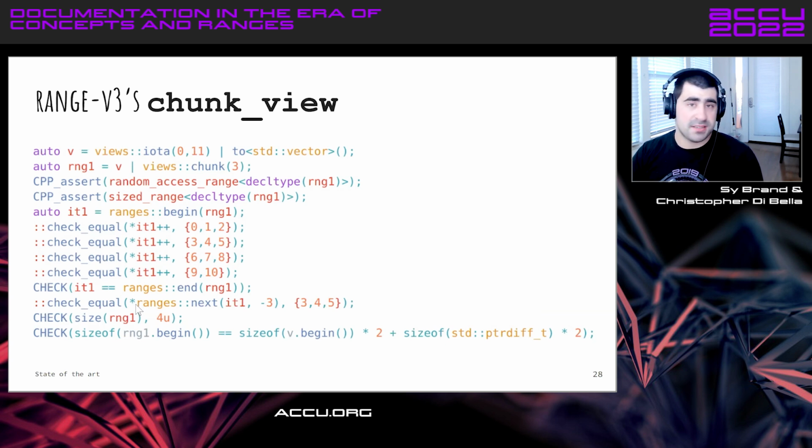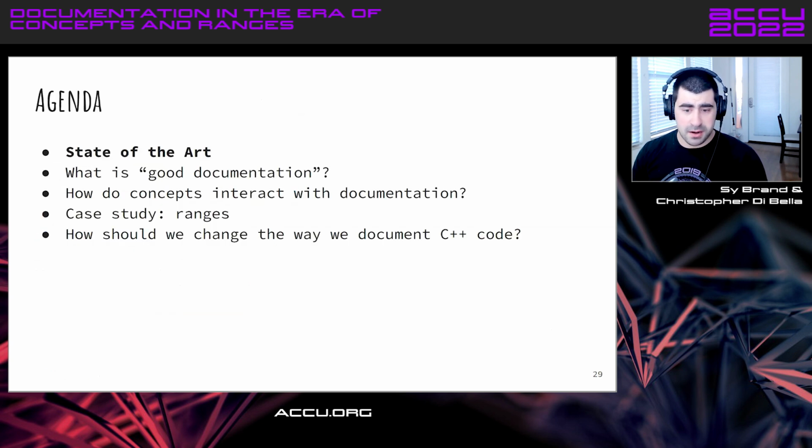So this is actually a form of range v3's documentation, because even though it's very much unit tests, it does serve people who are reading the code and wanting to get started with the library, because the Doxygen is somewhat limited. So that's the state of the art.